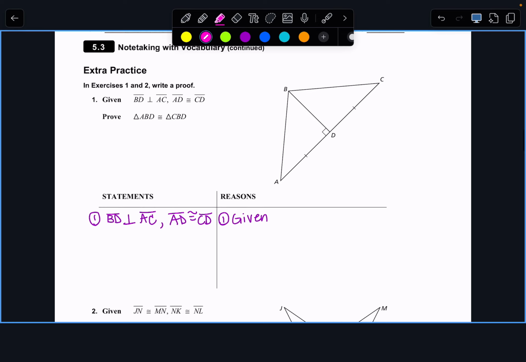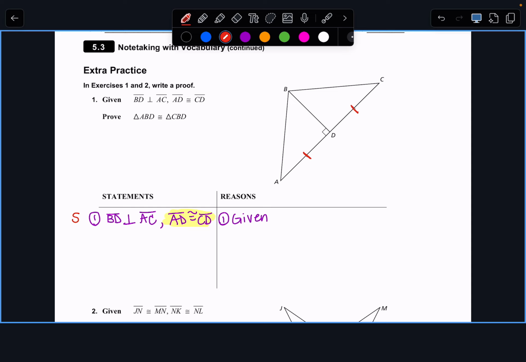So this AD congruent to CD, that's this right here, right? That is giving us, hey, we have a pair of sides that are congruent. Okay. Now, what can we do with BD perpendicular to AC, Micah?